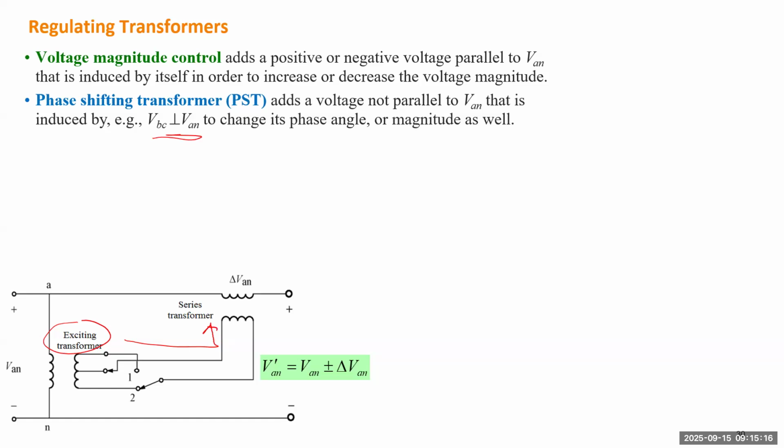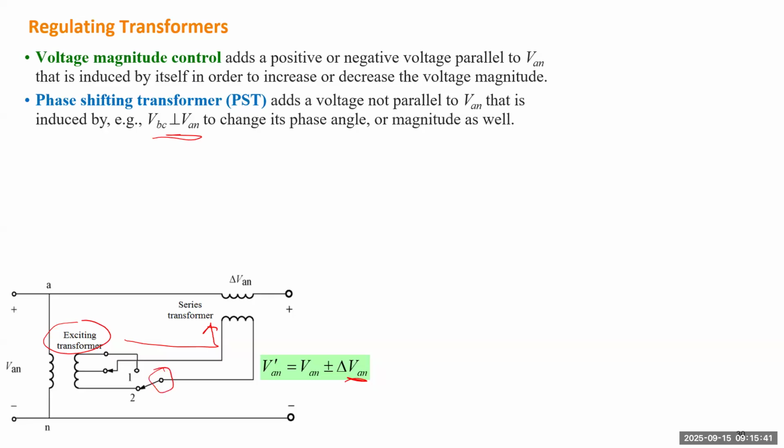The series transformer will influence the voltage on the lines. If those two are equal, that will add this voltage to the original phase. If that's opposite, that will cancel the original voltage a little bit. So we'll either increase or decrease, depending on this switch.